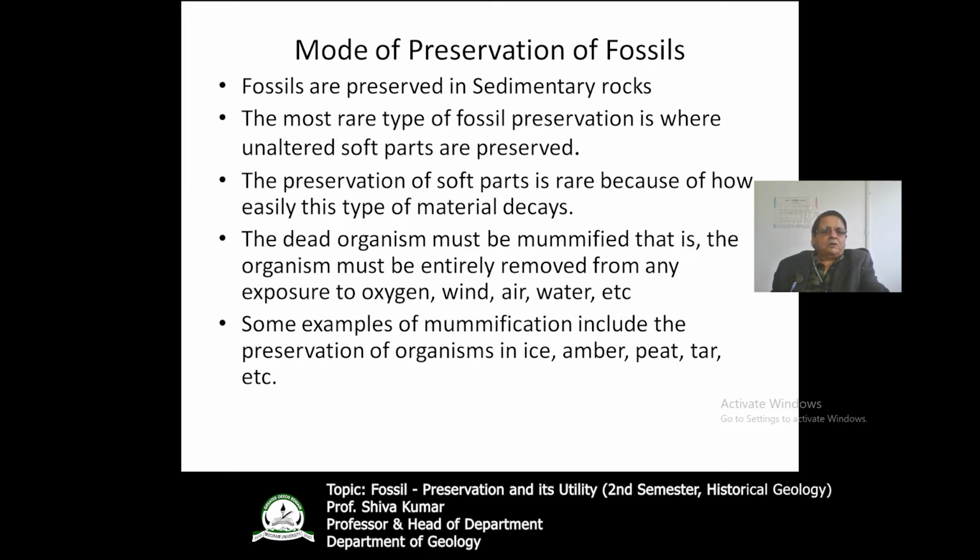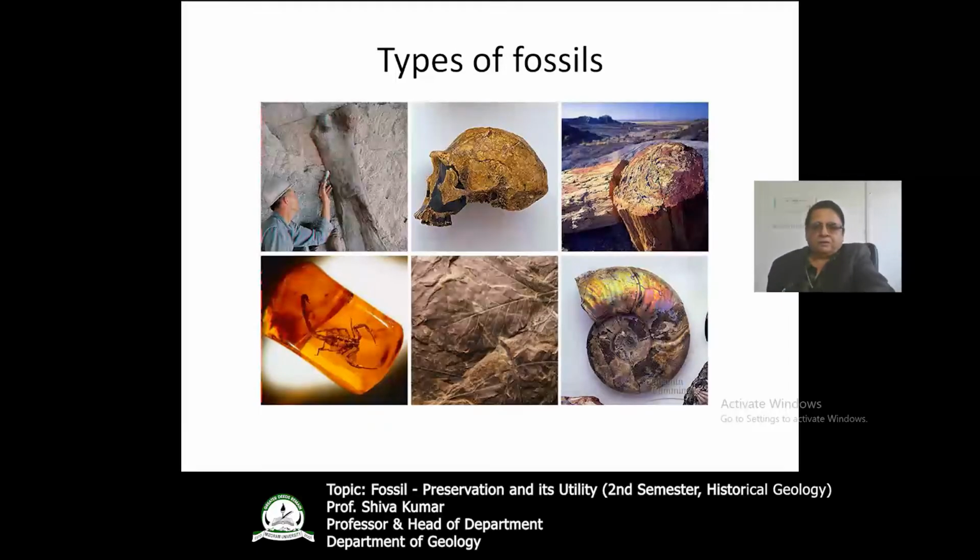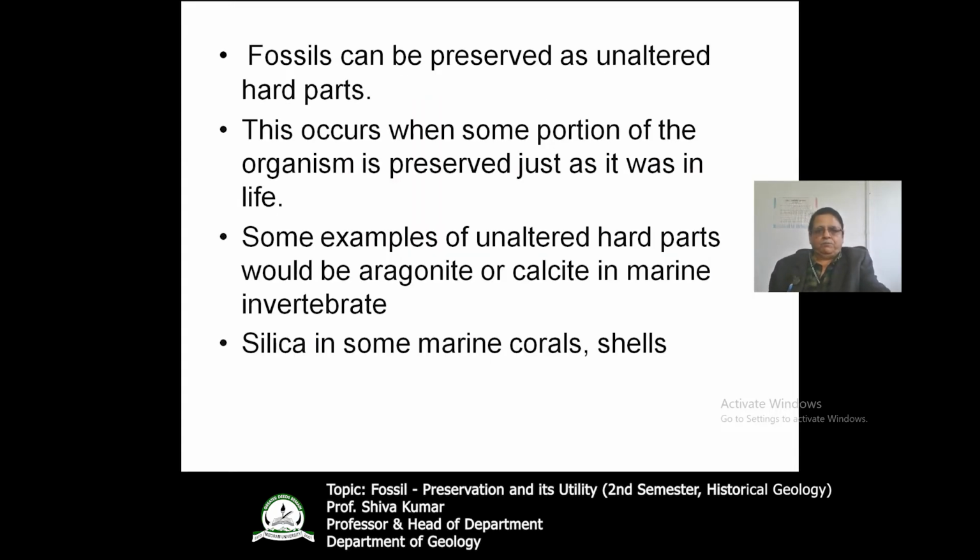The dead organism must be mummified, that is, the organism must be entirely removed from any exposure to oxygen, wind, air, water, etc. Some examples of mummification include the preservation of organisms in ice, amber, peat, tar, etc. Other modes of preservation I will give you.